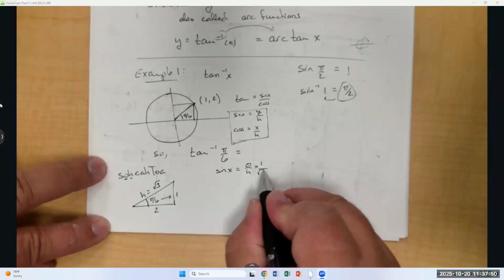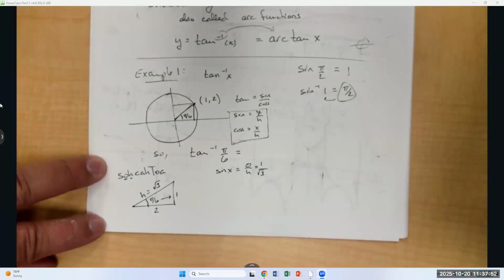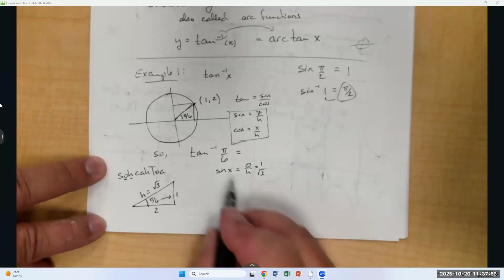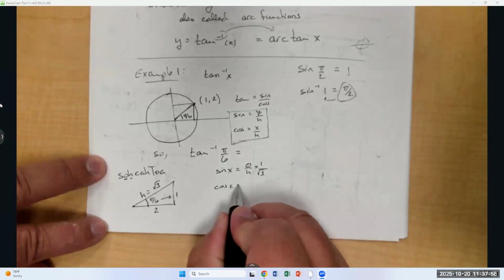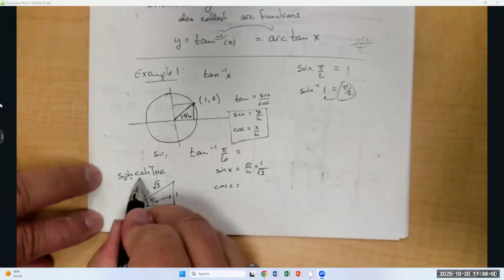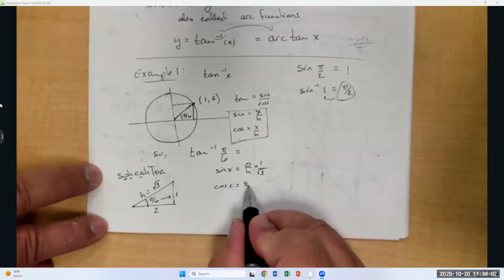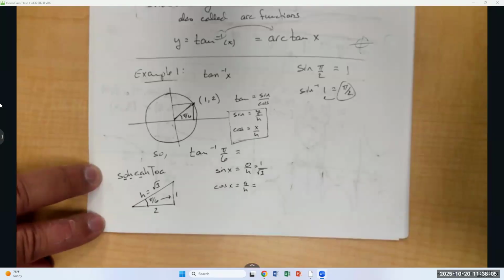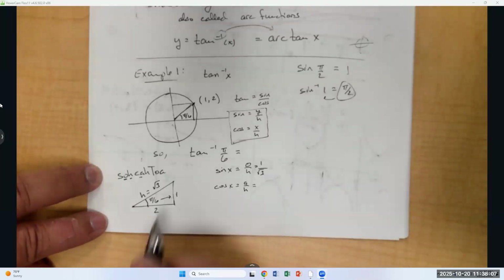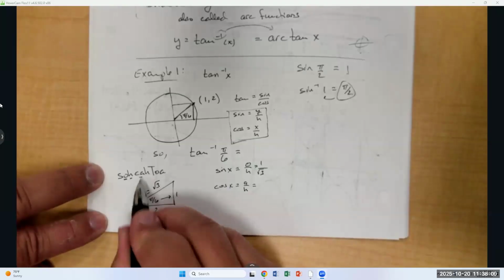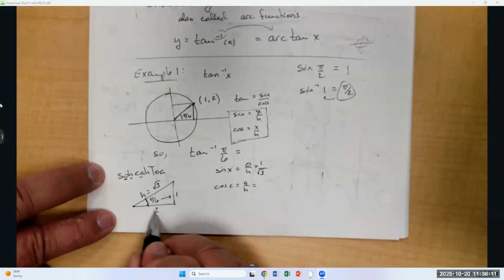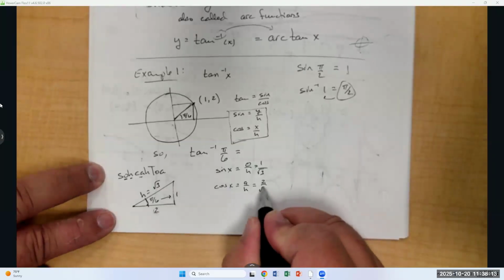So the hypotenuse is radical 3. Cosine is adjacent over hypotenuse. So the adjacent of this angle is 2 over radical 3.